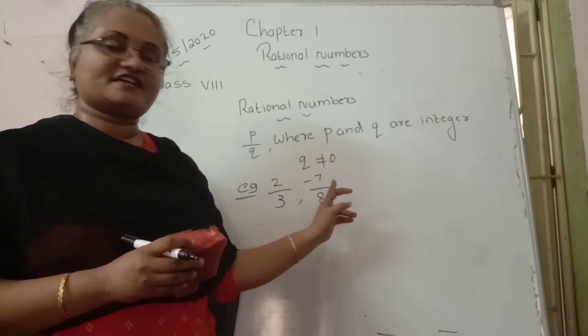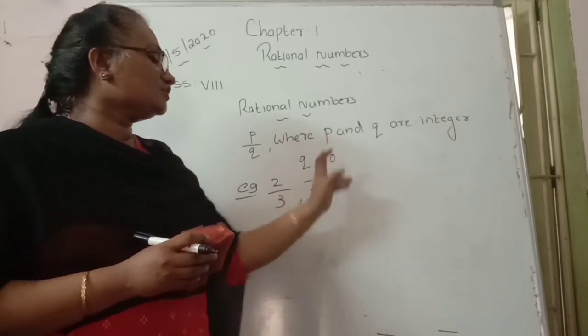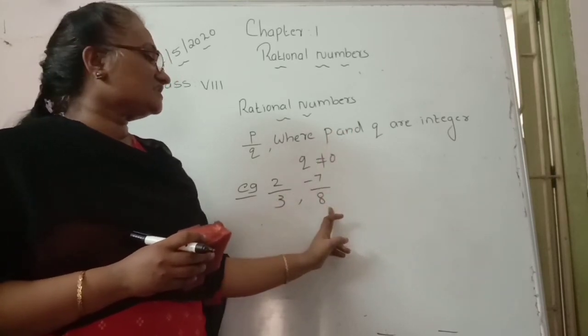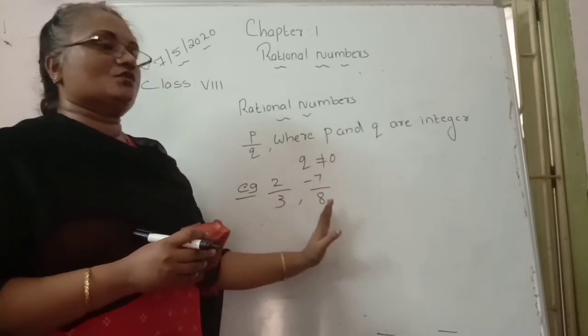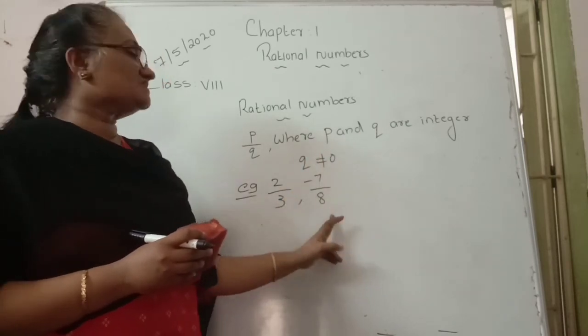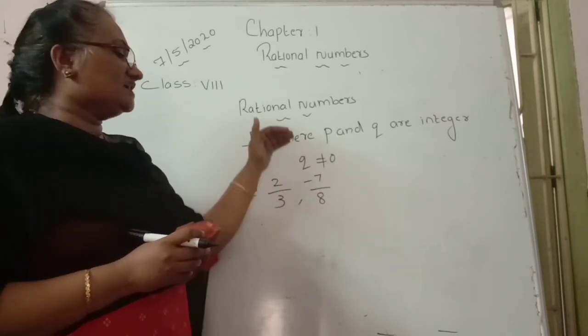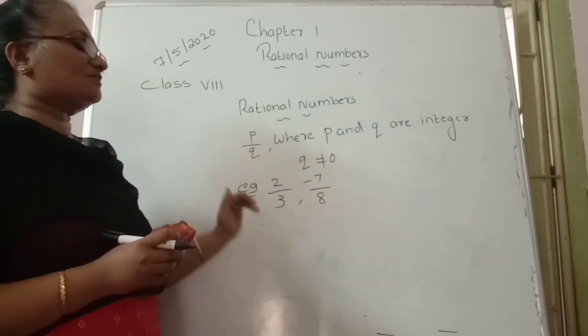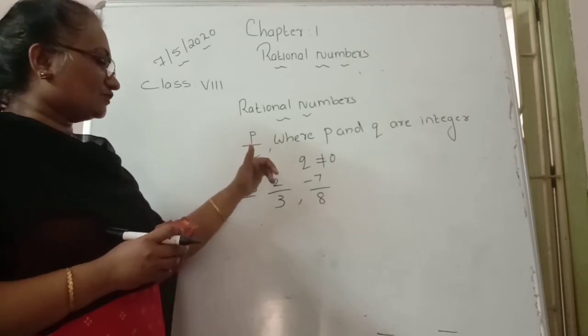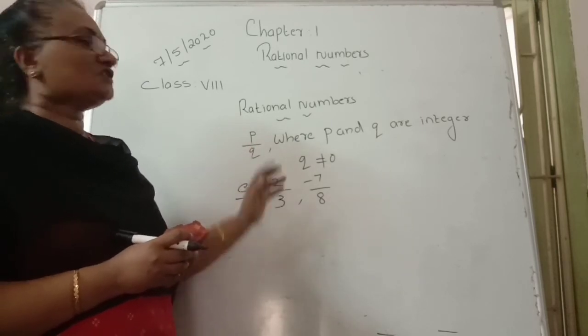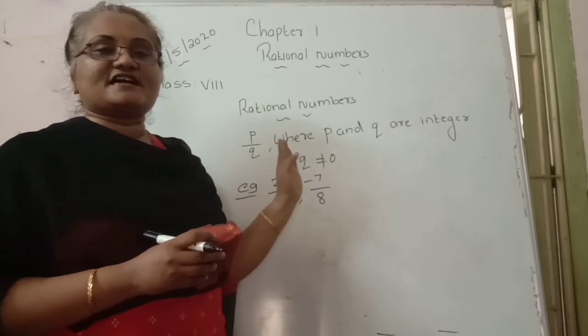Minus 7 is a negative integer, that is our P value. 8 is a positive integer, that is our Q value. So minus 7 by 8 is a rational number, because it can be expressed in P by Q form, that means numerator by denominator form.